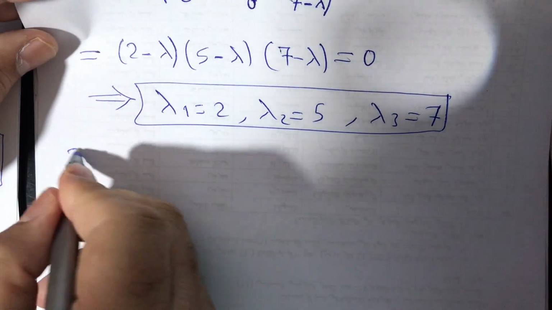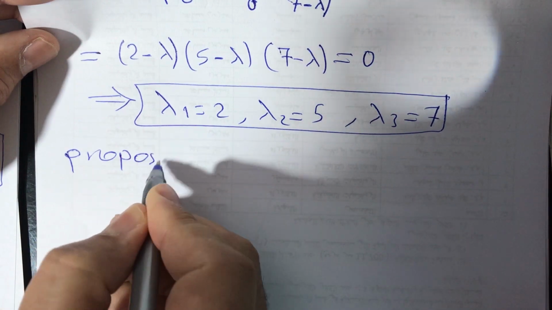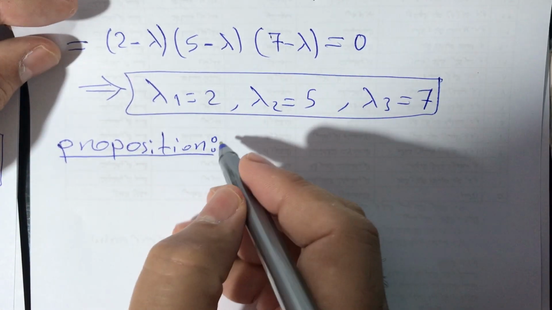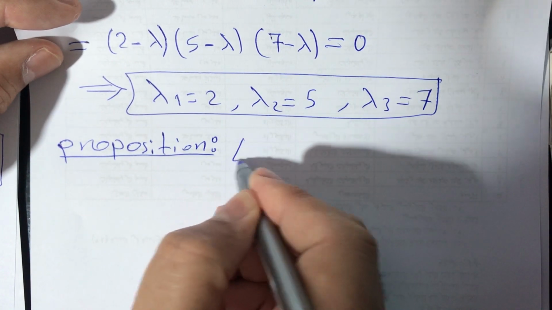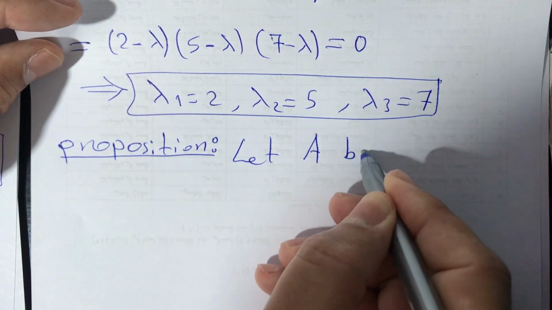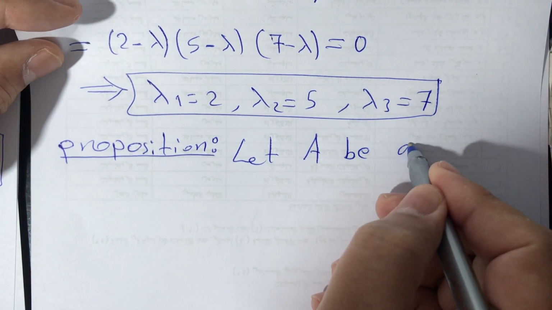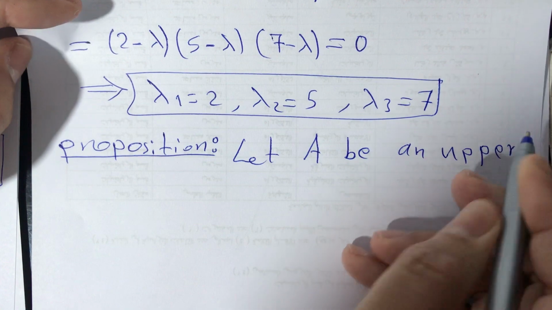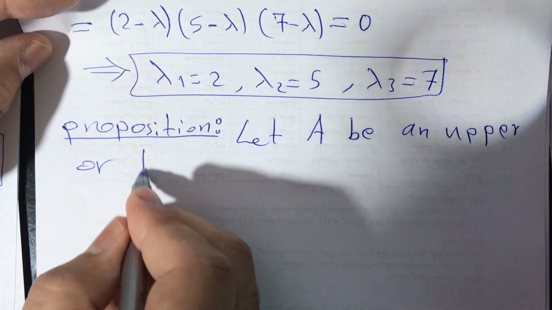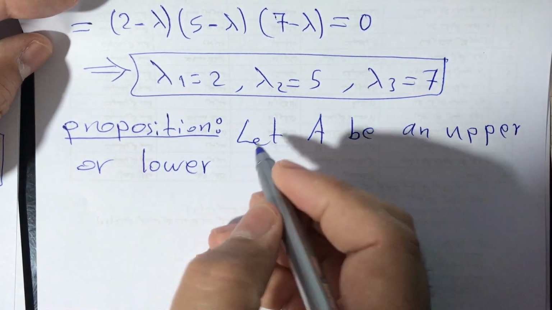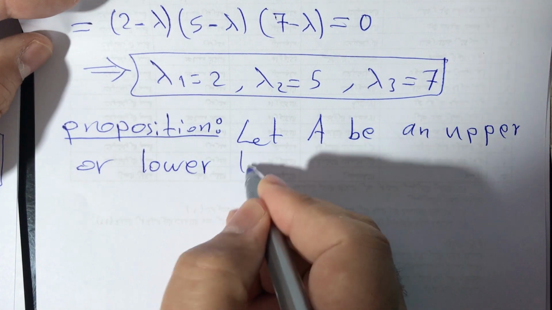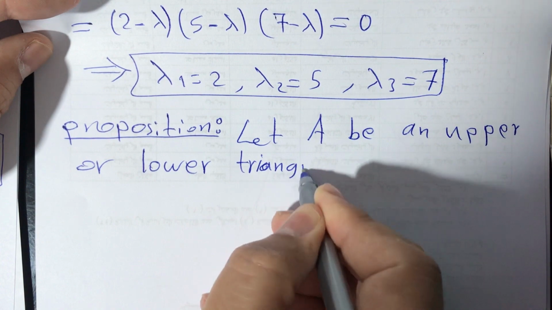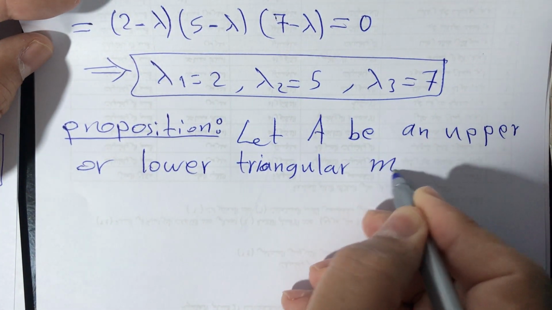And take a proposition. Let A be an upper or lower triangular matrix.